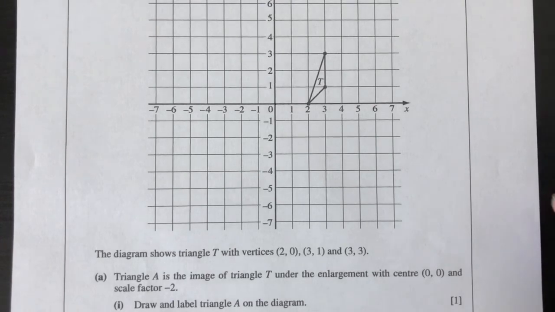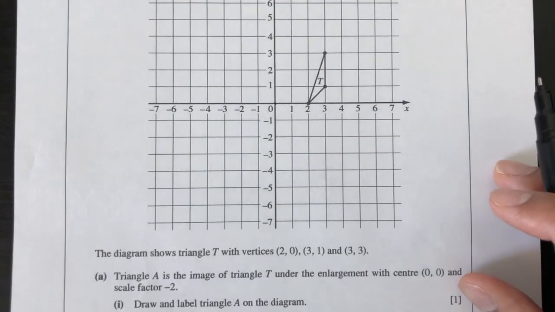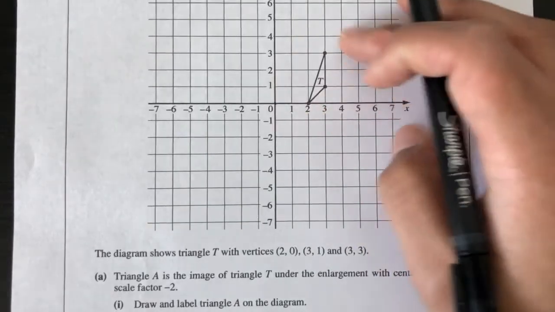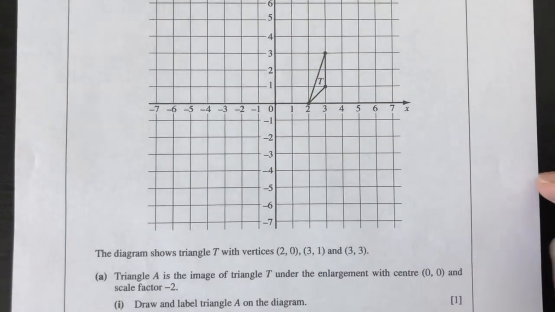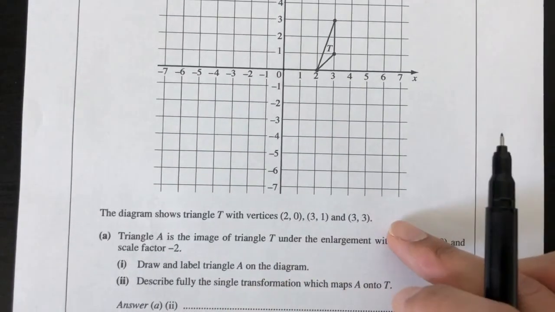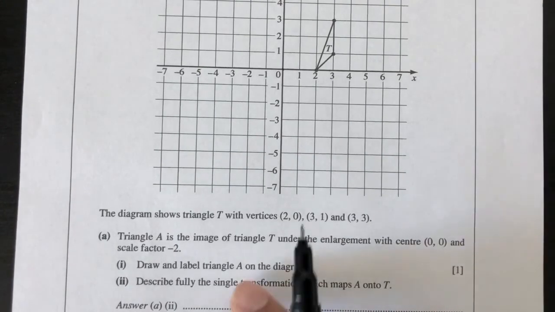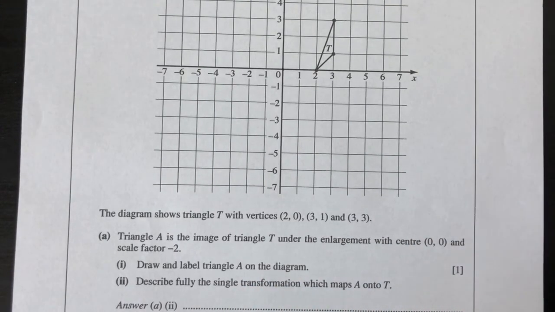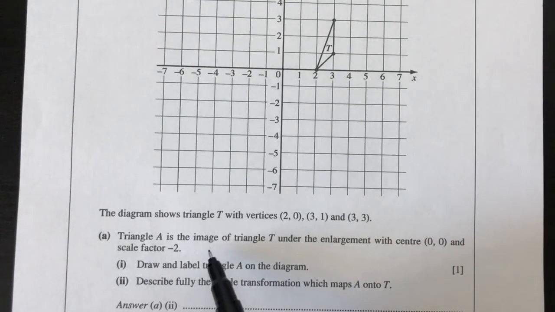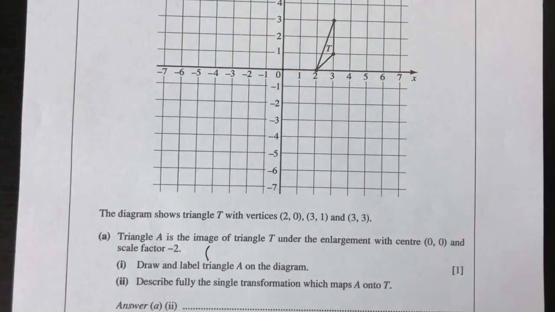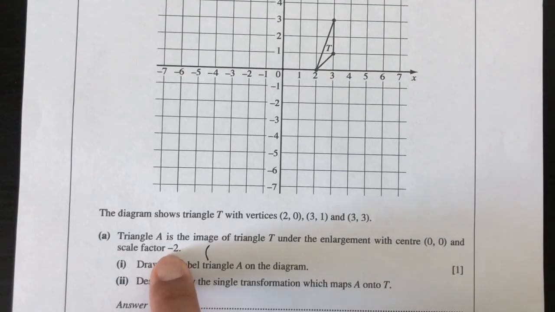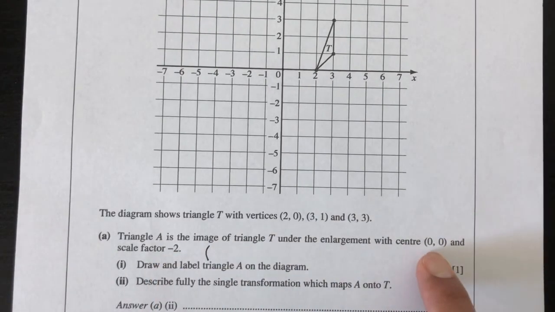So let's try. Basically our idea is that we have to map this onto A with the center O. To find the coordinates of A, we can use our formula, which is matrix times object is equal to image. You have to know that whenever you have enlargement, the scale factor is given, and the center is 0, 0, you can use your equation.